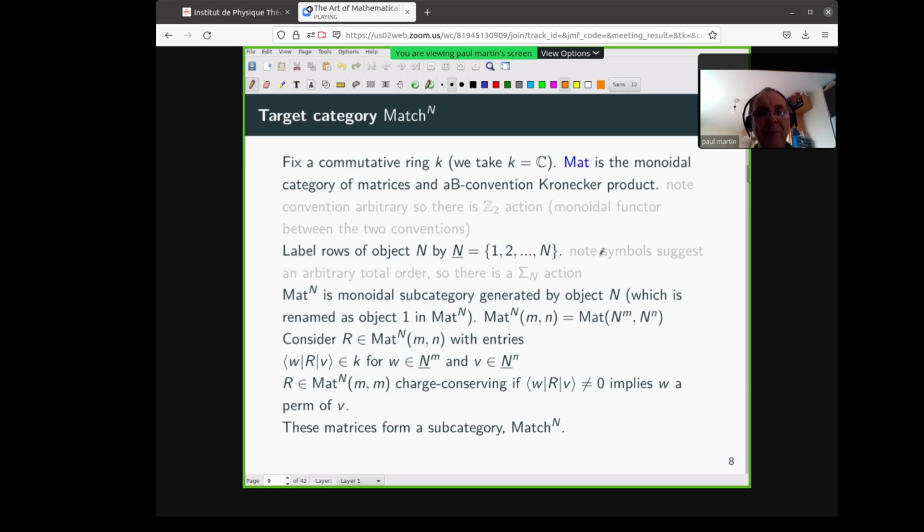N to the power of m, and the object composition in the original mat was multiplication, but in this category it's natural to think of it as addition, which fits well with the Braid category, which also has object class for natural numbers, and their monoidal composition is addition. So 2 strands of hair together, 1 plus 1 gives 2.